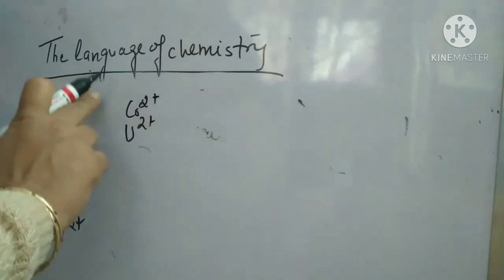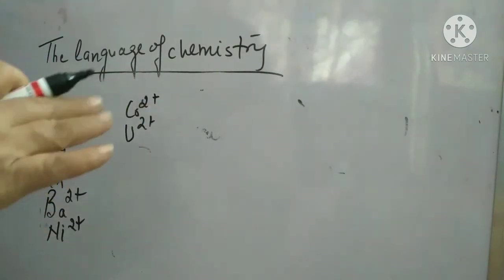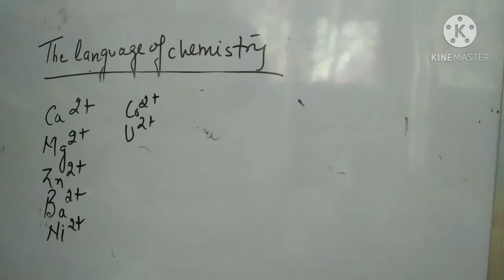All these have 2+ valency, so they are known as divalent elements.